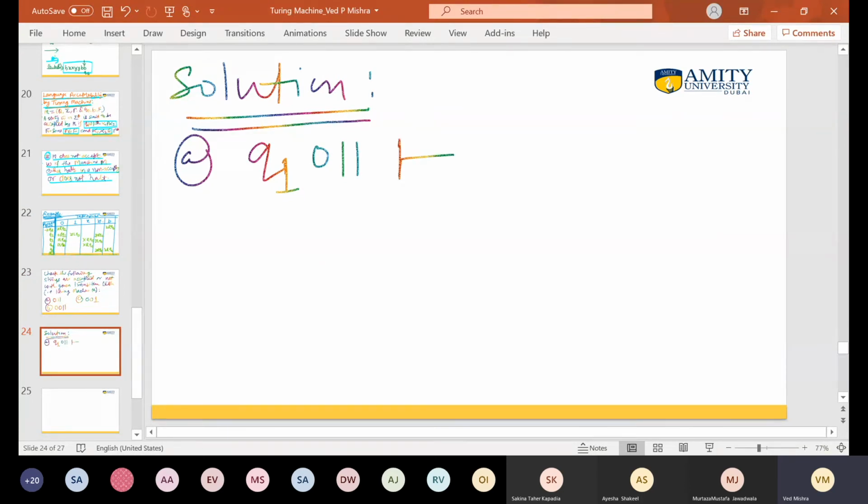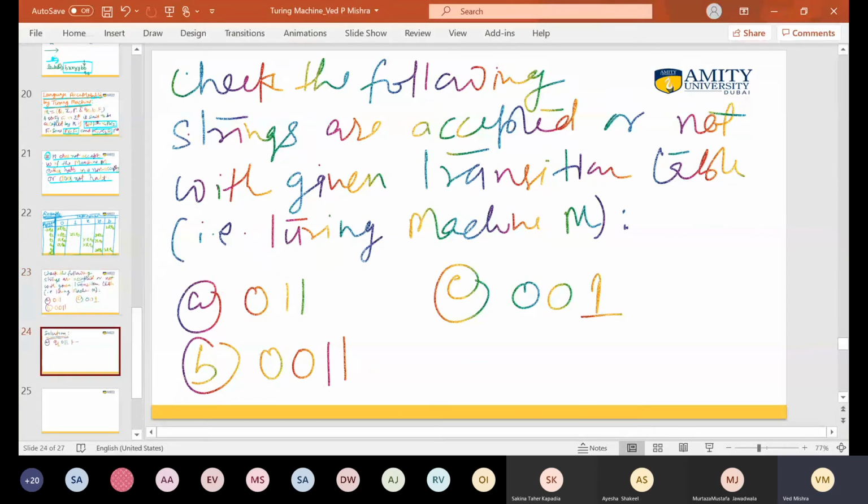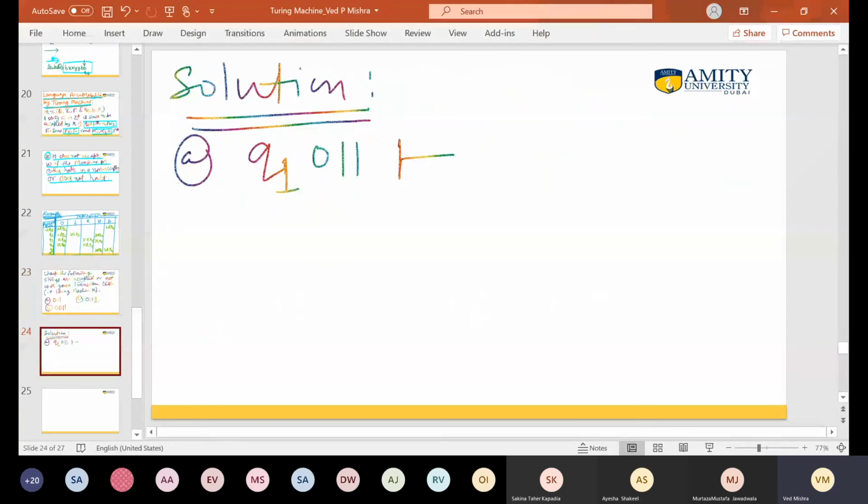Q1 with 0: 0 becomes X, you are moving right and you get Q2, isn't it?